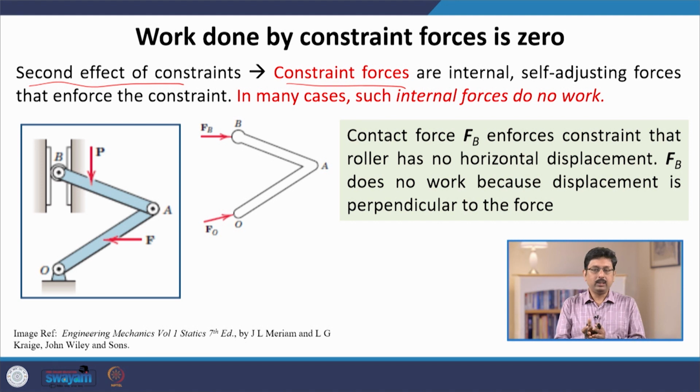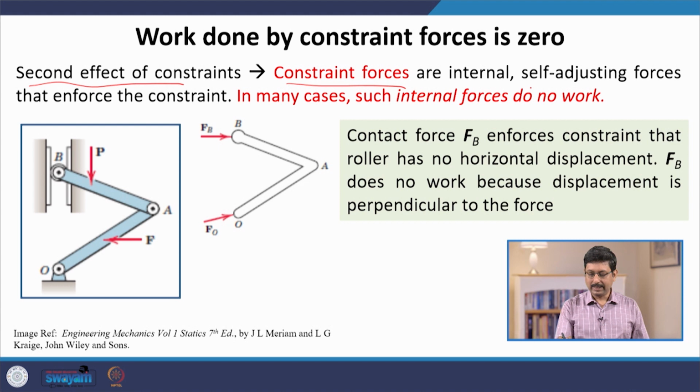Note that in the previous example of the truss, we were interested in the contact forces on the joint, because we wanted to know how much force the joint can support. But now we are dealing with situations where we are not interested in the unknown contact forces, and we want to get rid of them. These forces are self adjusting forces and they are not known beforehand.